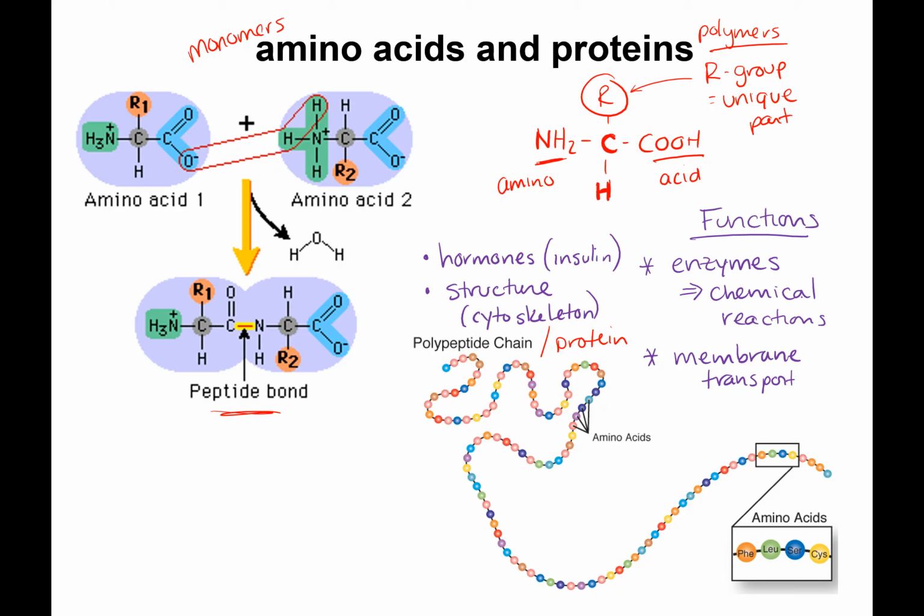They're made up, again, of repeating units of amino acids, and I said that each amino acid has an R group that makes it unique. There is a chart in your book, figure 3-2, I believe, that looks similar to this. And of course, you don't have to memorize any of this, but you have to be able to use the chart.